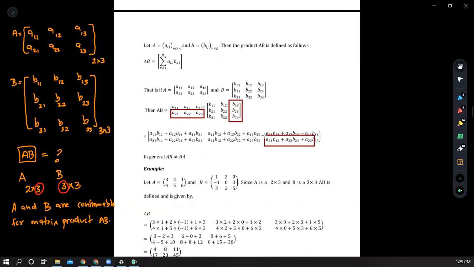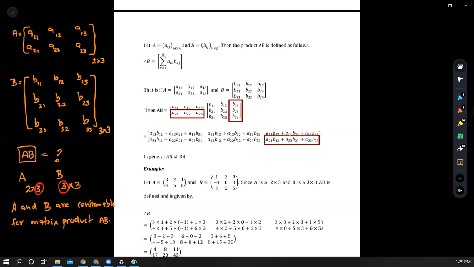Therefore, it results in the second row, third column element of the resultant matrix. This is how we are obtaining the multiplication of two matrices which are conformable for matrix multiplication.